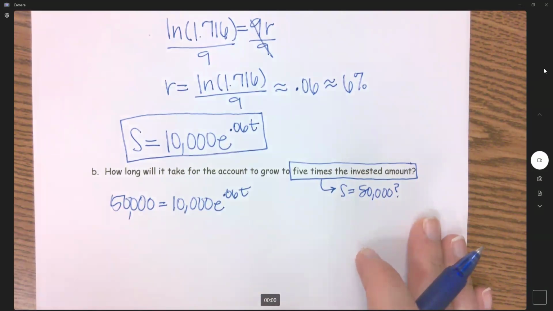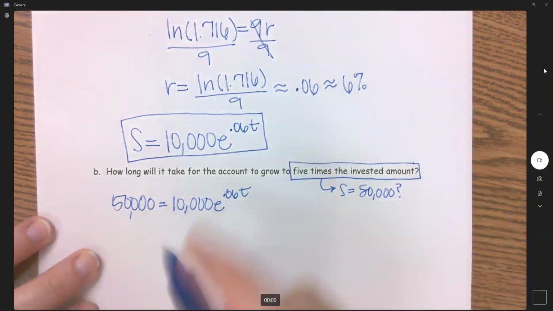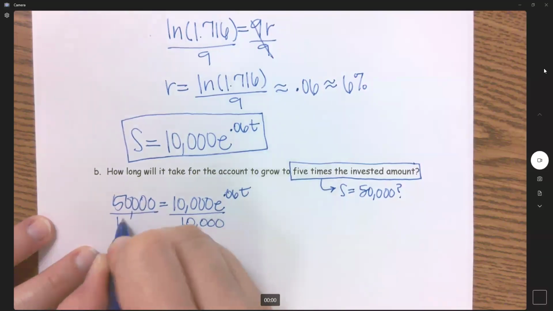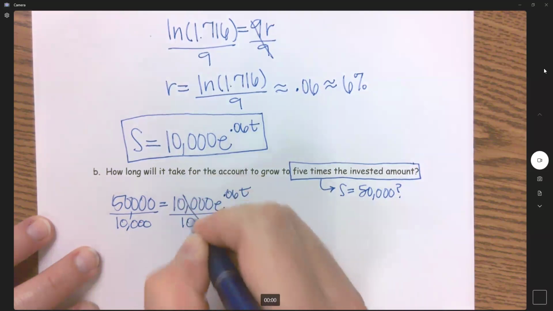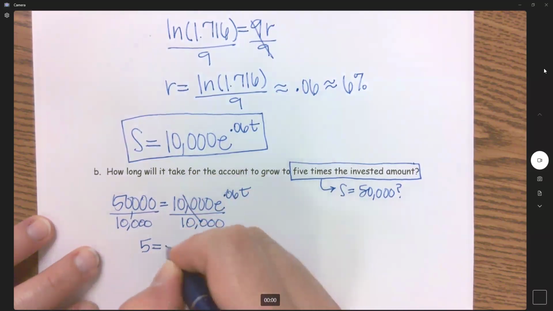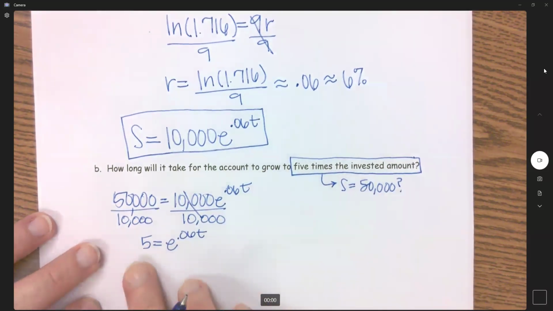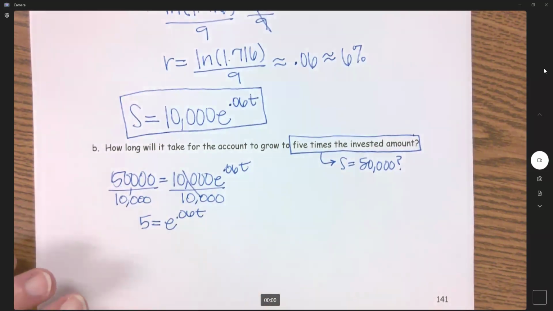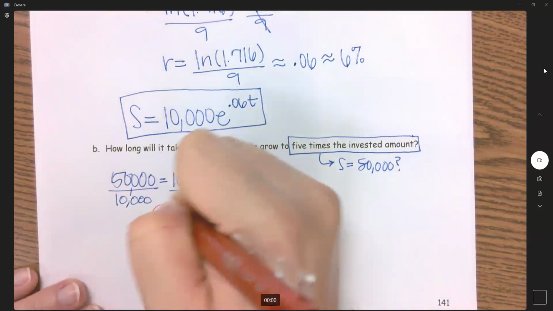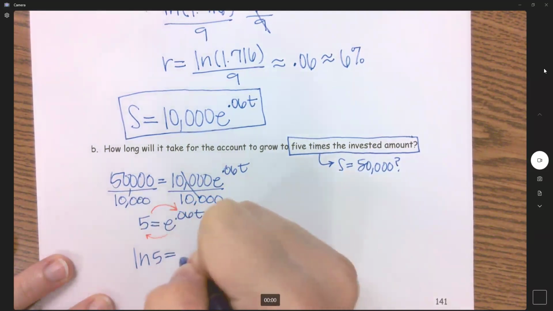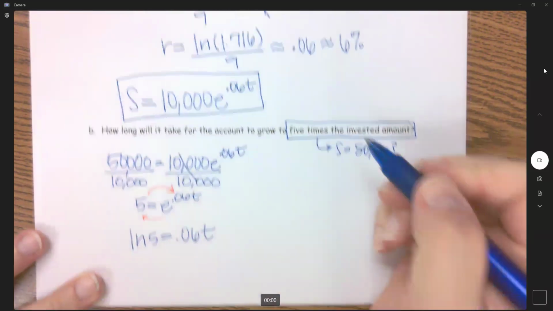Isolate, rewrite, solve. Isolate the exponential by dividing over 10,000. We're left with 5. And that's always going to happen when they tell you something like that. If it's 5 times, we should be ending up with a 5. If it was double, we would have 2. So we've isolated. Now we're going to rewrite. This rewrites as the natural log of 5 equals 0.06 t.